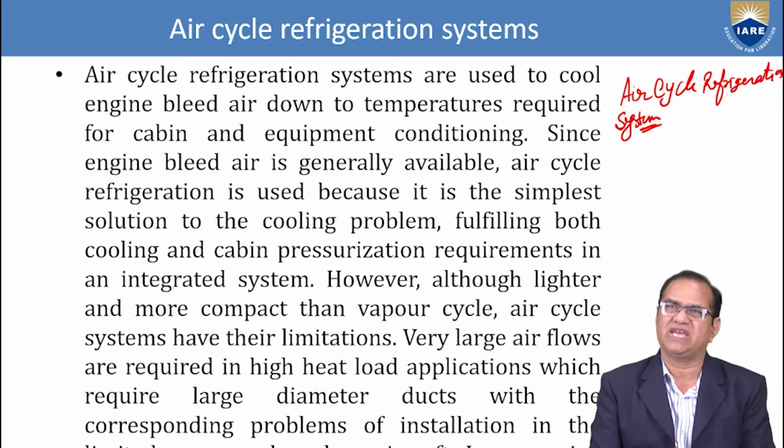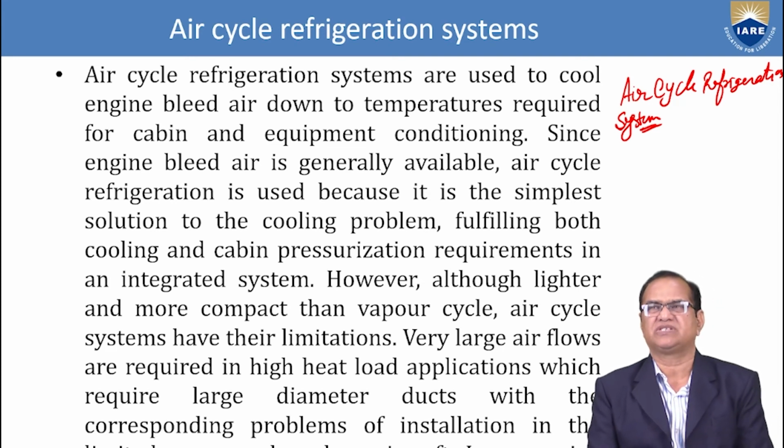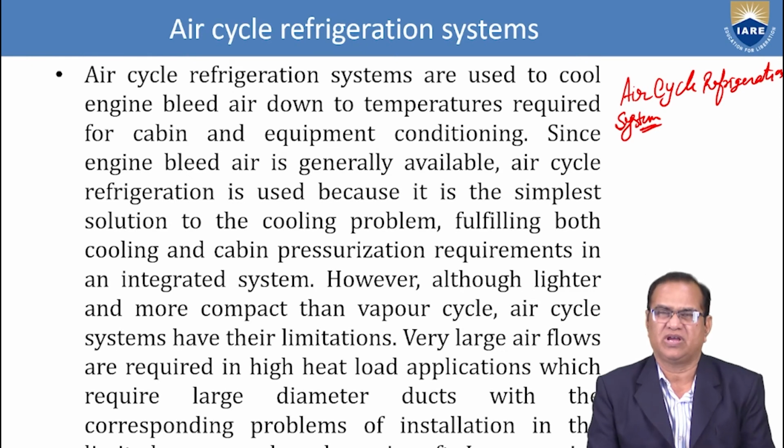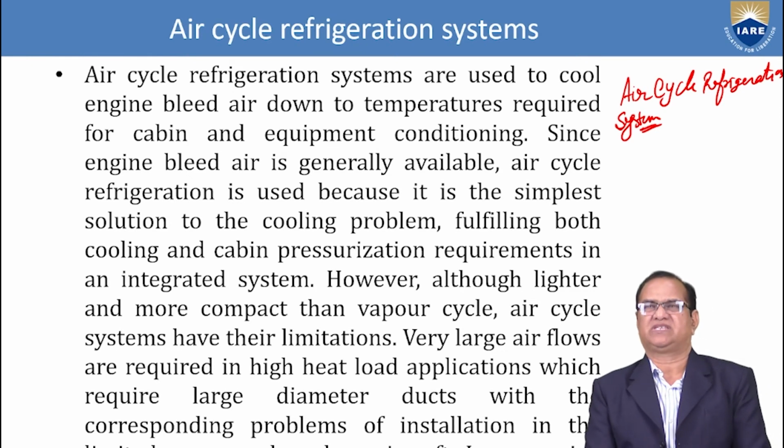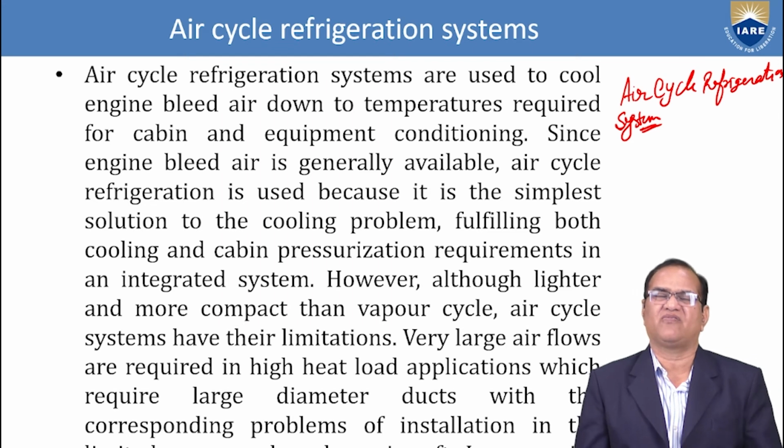So if we use air, it is good for the aircraft and it gives very good efficiency, because in this we don't have to carry any refrigerant. Only air is used as a refrigerant.